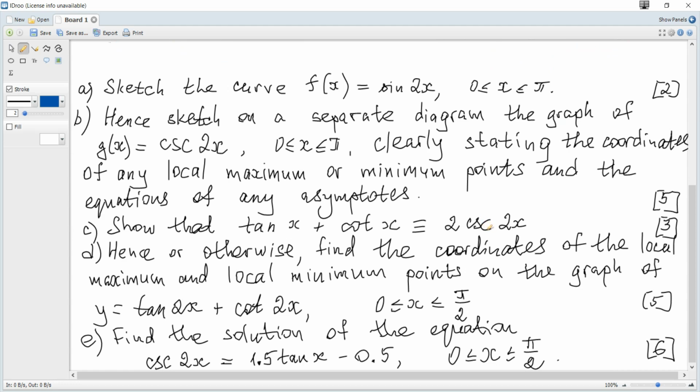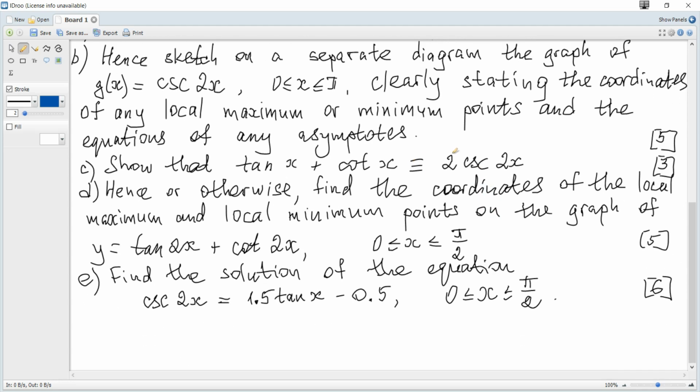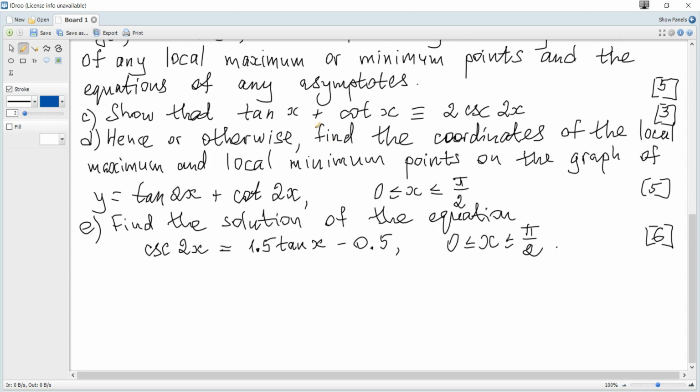Next, show that tangent plus cotangent is 2 cosecant of 2x. To prove the identity, we can transform the left hand side and get that it is equal to the right hand side, or we can transform the right hand side and get that it is equal to the left hand side, or we can transform both sides and get two same expressions.